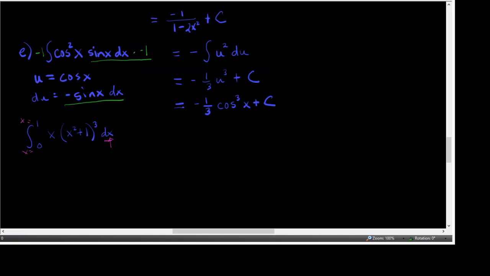So if we start to do the u substitution in this problem, u is the inside function of the cubing function, so that's x squared plus 1. The derivative of x squared plus 1 is 2x. Then multiply that by dx. I need 2x dx.